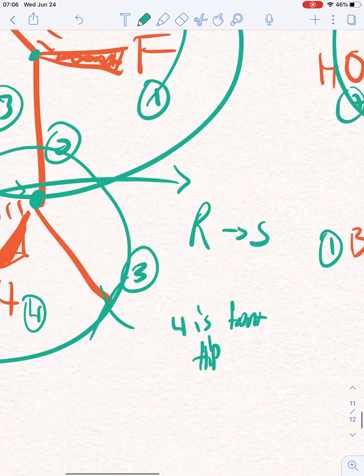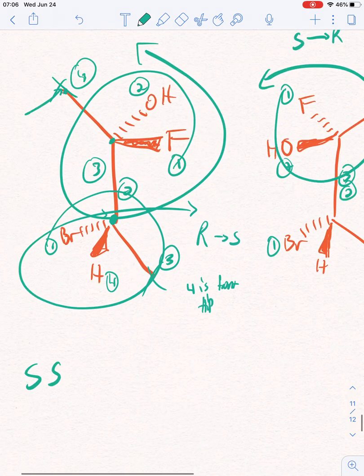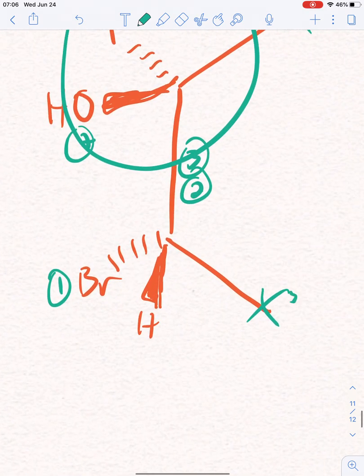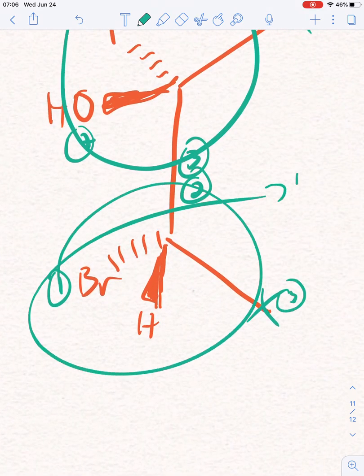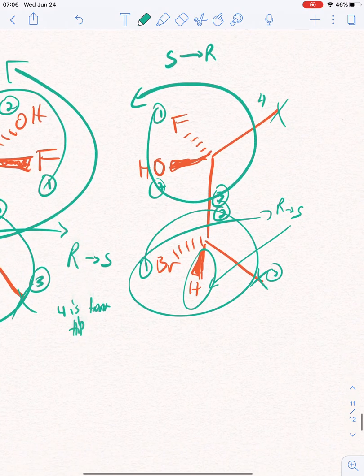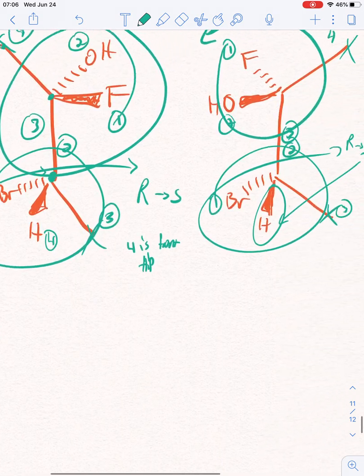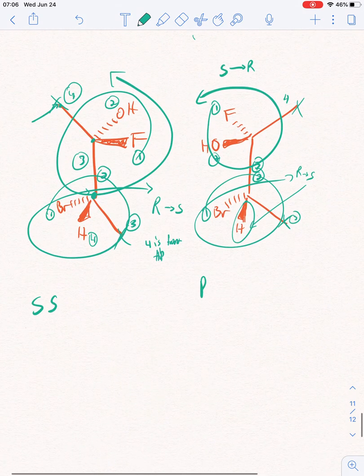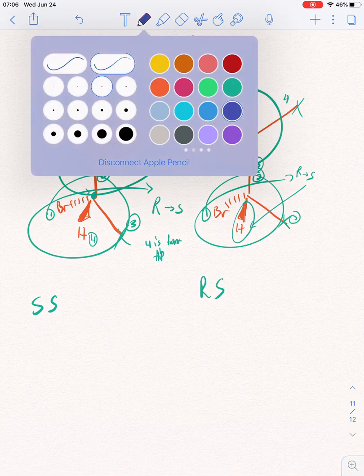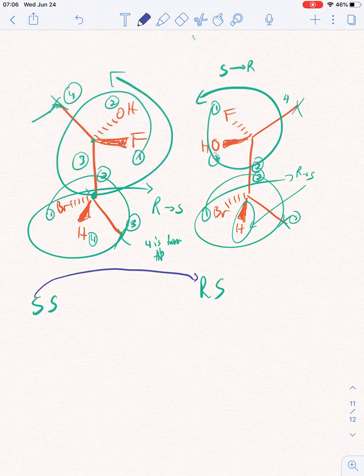For the same reasons, it's going to be the same configuration as this one. It didn't change. 1 to 2 to 3, R, but we flip it to S because 4 is in the front. So this one went from S to R and stayed S.